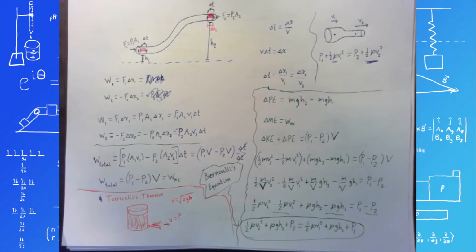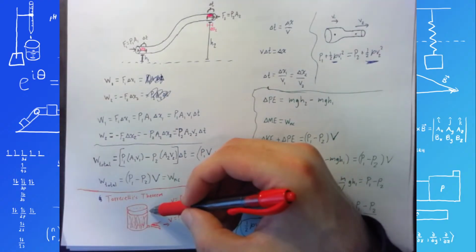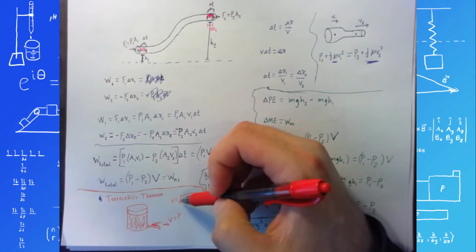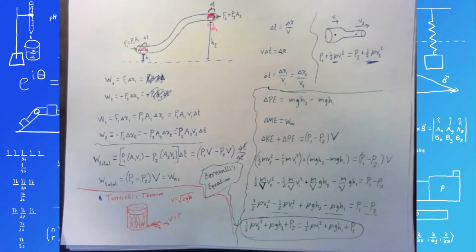We saw something like this in the energy chapter multiple times. So it's exactly the same result that you get for dropping an object from rest from a height of h: its final velocity would be the square root of 2gh once you do the conservation of mechanical energy equation.